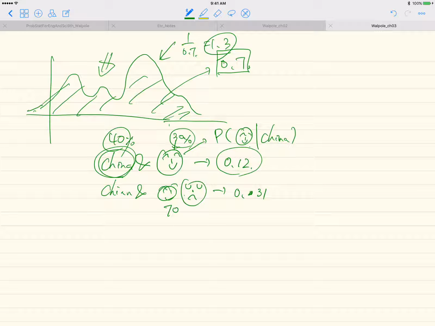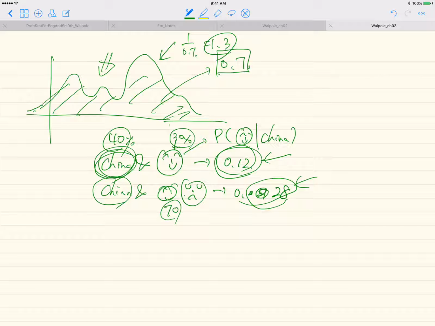So 40 times 70 should be 28. Okay, it should be 0.28. So in this case, these 2 cases are the joint probability when the manufacturing location was fixed as China.